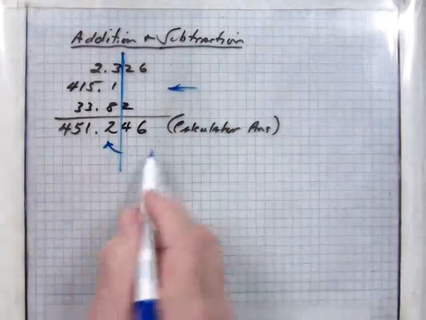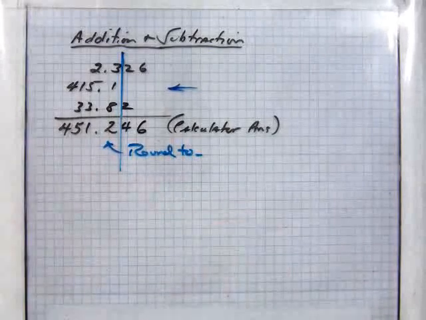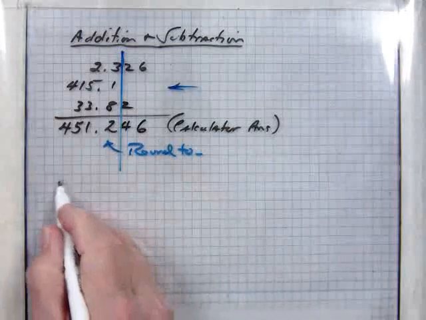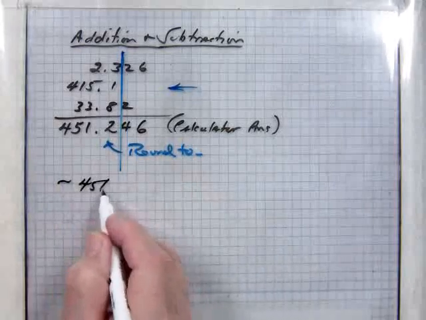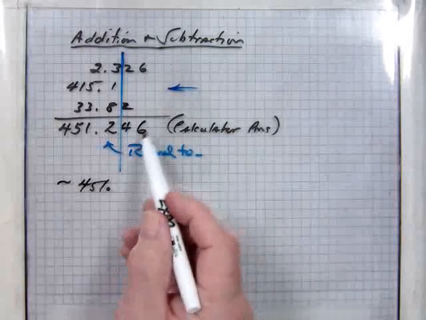Round to that point. Okay, so your appropriate answer was 451 point. Okay, that's got to go to a 3. 6 changes.